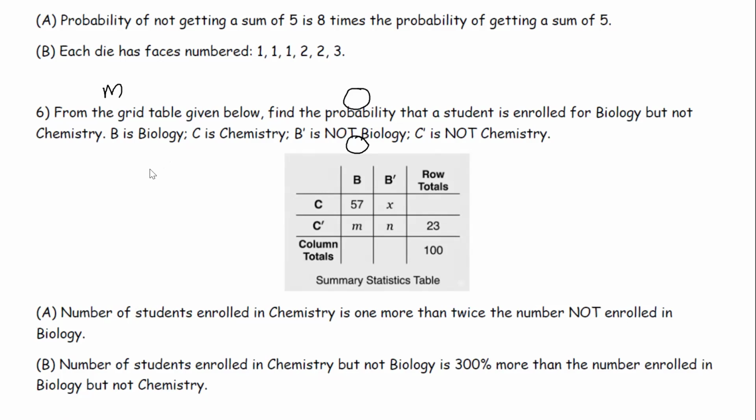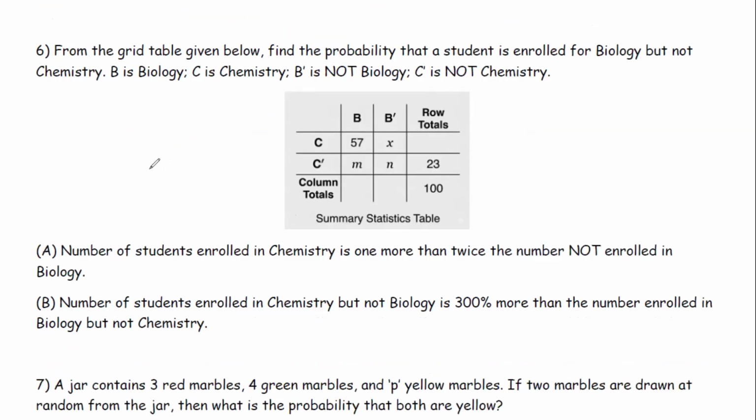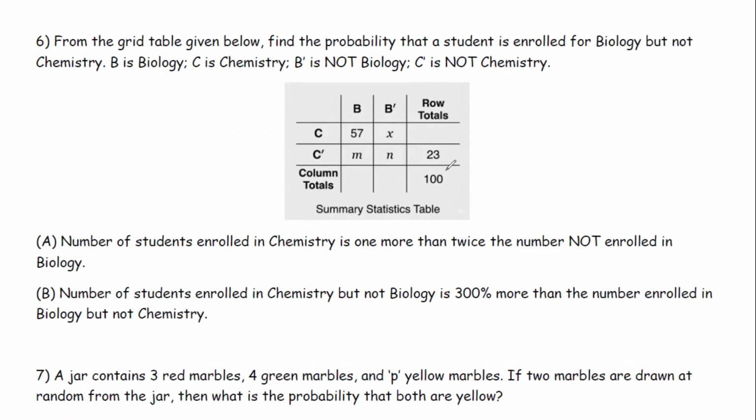So we need to find the probability that a student is enrolled for biology but not chemistry, so M upon 100 is what we need to answer. From the table, we can make out that if this is 100, this is 77. Therefore, X is 20, and we are stuck over there. So this is all the information we get from the table and the question stem.